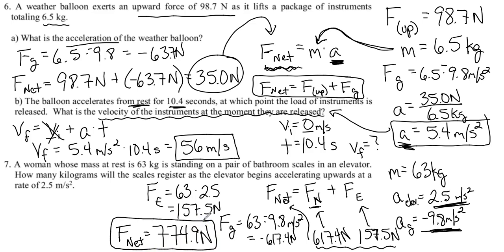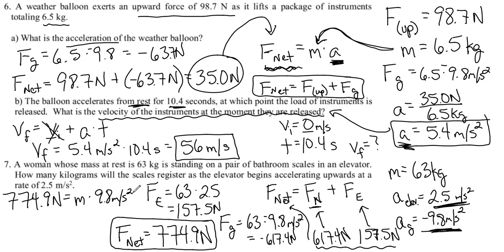Now, in order to get what the scale thinks the mass of the woman is, we have to take this net force that's acting on it. Remember, force is equal to mass times acceleration. So 774.9 newtons is equal to mass, the mass that the scale thinks the woman is, times the acceleration. The acceleration that the scale is assuming is 9.8 meters per second squared. It doesn't realize that the elevator is accelerating it in addition.